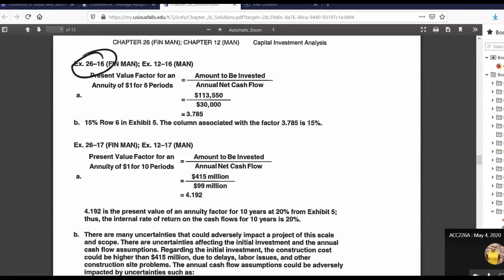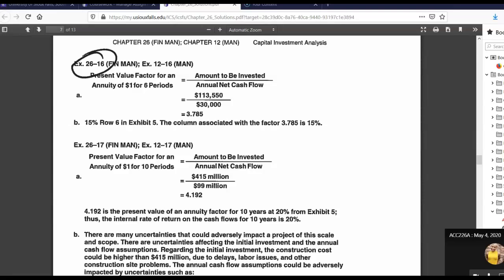The amount to be invested divided by annual net cash flows. If you think about it, that is cash payback. How much are you going to put into it? How much is it going to push out in cash? And that'll tell you how many years. So it's not another formula to memorize. It is the same thing as cash payback.